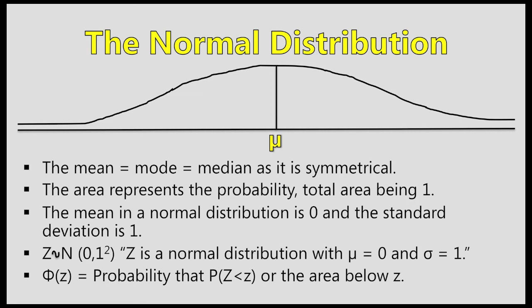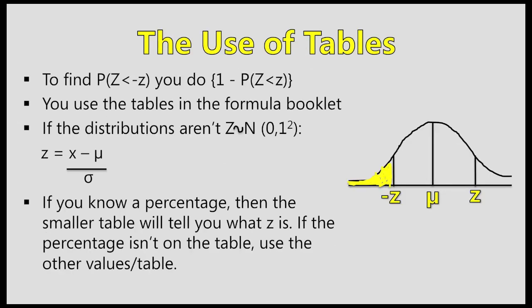Phi of z is the same as saying the probability that Z will be less than z, or the area below z. For questions with that, you will need to use tables. To find the probability of a minus number, if the z is a minus number, you would do 1 minus the probability of whatever that minus number is, just positive.